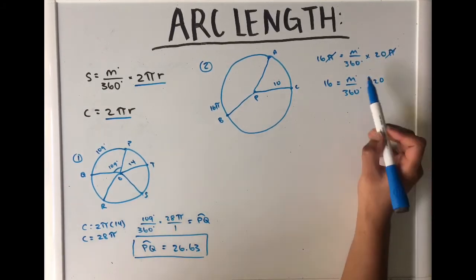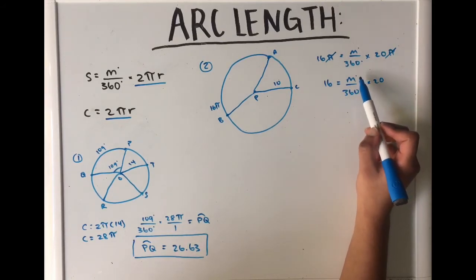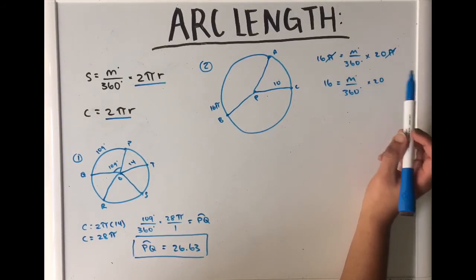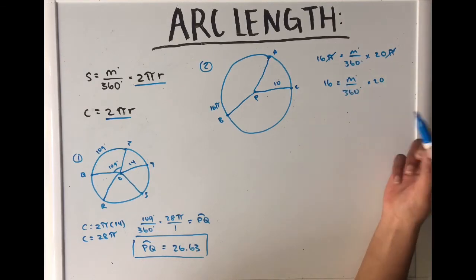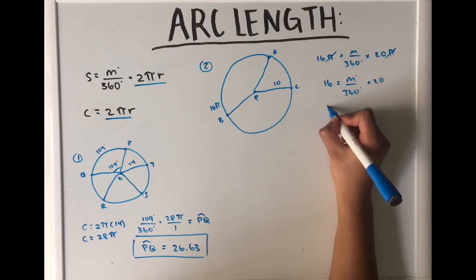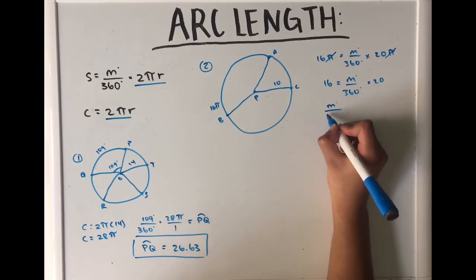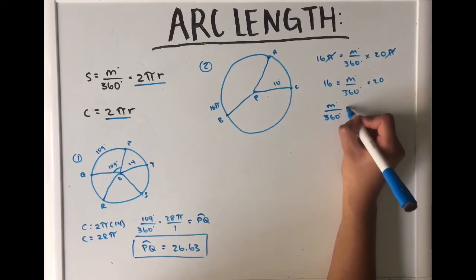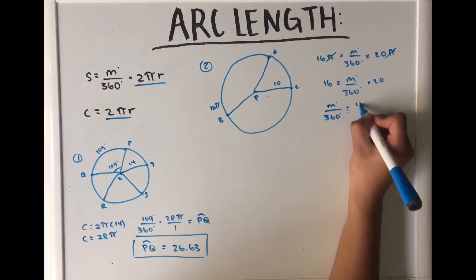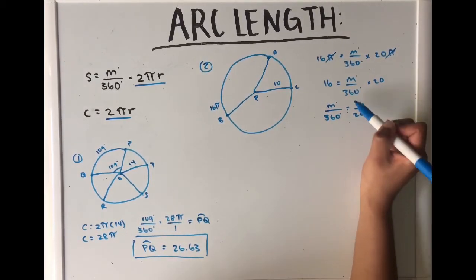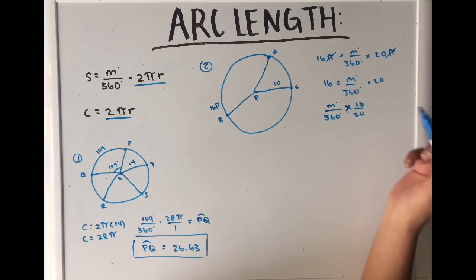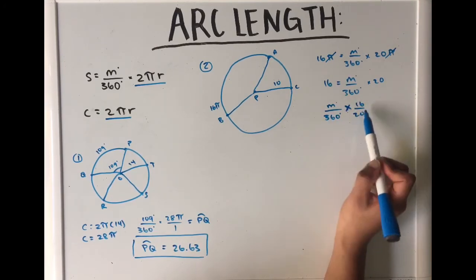And you can see that m over 360 degrees is already in fraction form. So if we divide by 20 and move it over to this side, we'll have a proportion. So it's going to be m degrees over 360 degrees is equal to 16 divided by 20. And since it's a proportion, we can multiply crisscross.